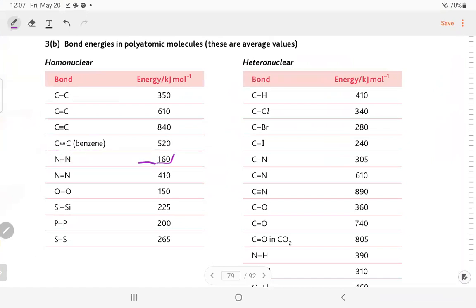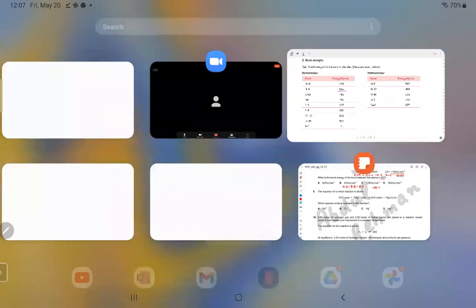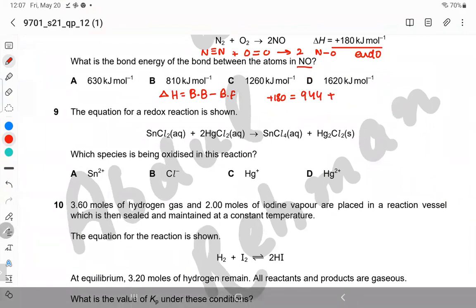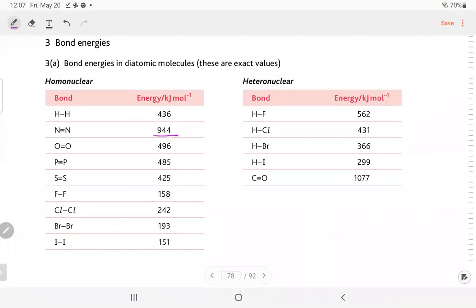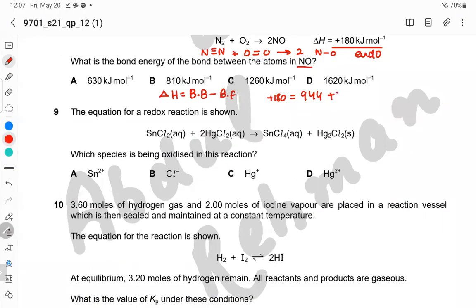It's N triple bond N, which is 944, plus there is a bond breaking of oxygen double bond, that is 496, and minus 2x.